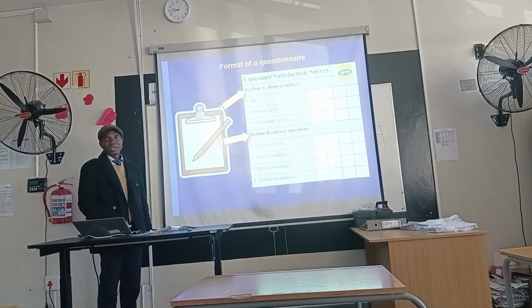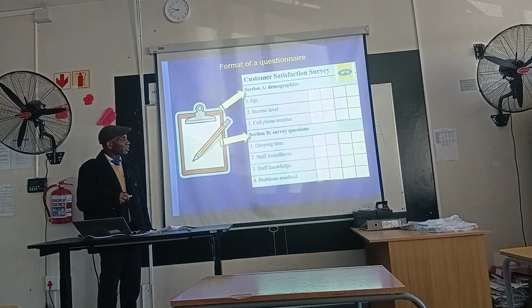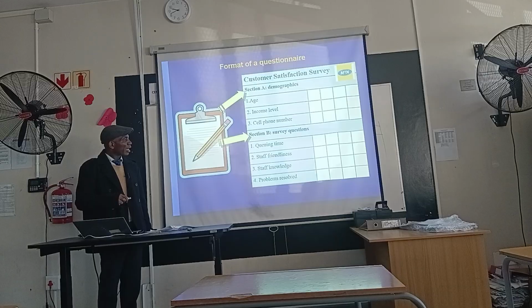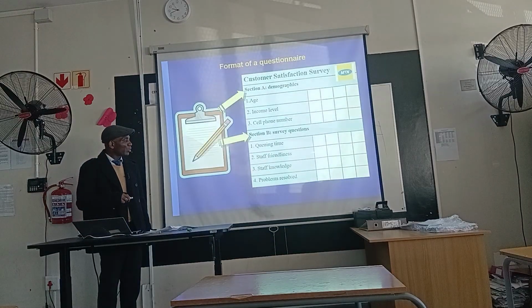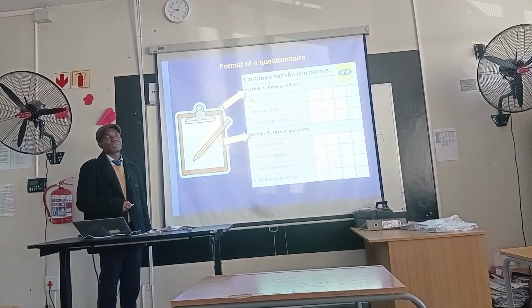For example, let's assume that from here you have 1, 2, 1, 2, 1, 1, 1, 1, 1. It means that they are not satisfied. So from here you can make an informed decision in terms of friendliness. That means the staff are not friendly enough. Then you must look for a way of how to improve on that.